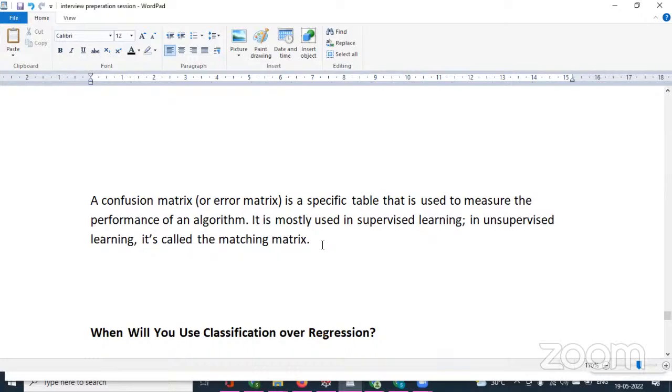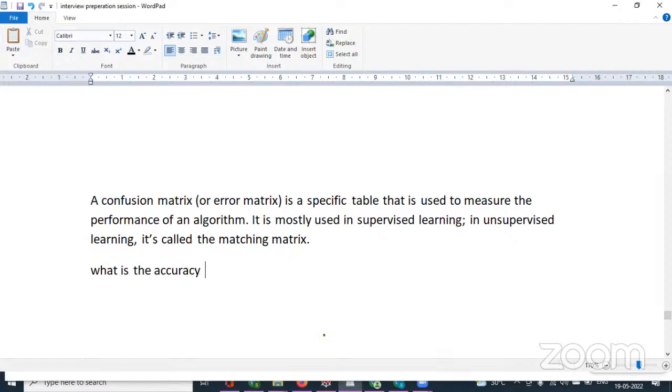Can you guys tell what the accuracy formula based on the confusion matrix is?